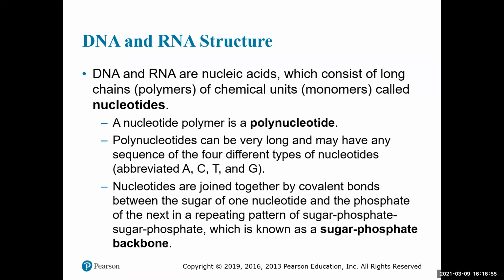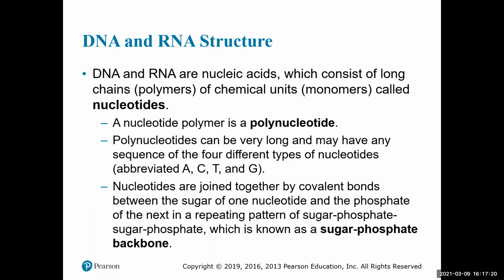And if you remember, the monomers of these nucleic acids are called nucleotides. And these nucleotides can make up the polymers, which are the long chains of nucleic acids. And so a nucleotide polymer is what we also refer to as a polynucleotide.